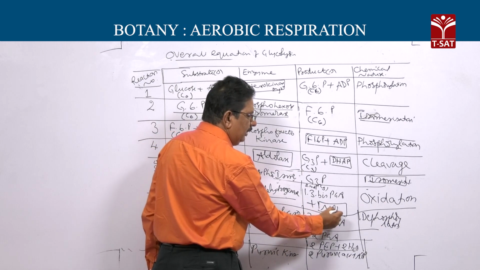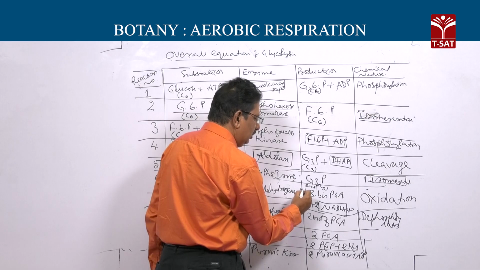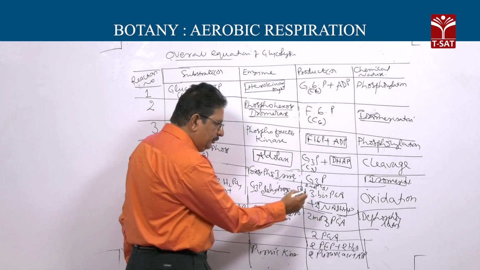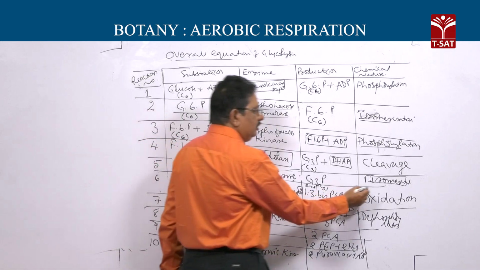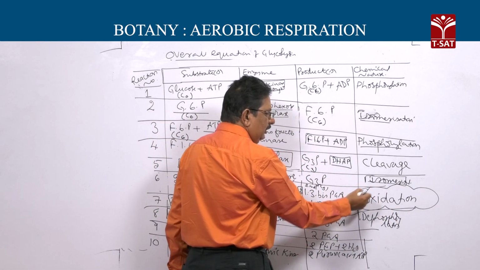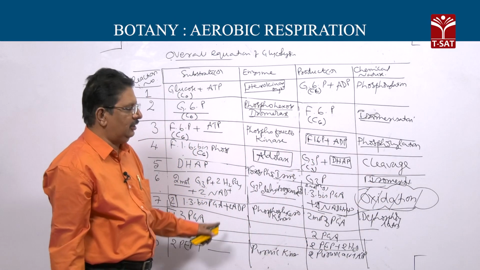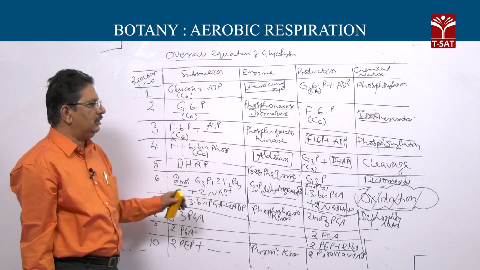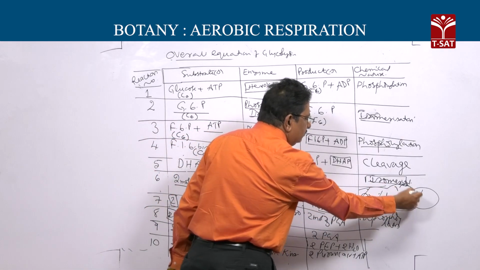So, it forms NADH plus H plus, 2 molecules of 1,3-bisPGA and 2 molecules of NADH. So, this is the most important reaction in this entire EMP oxidation. So, the first oxidation step in aerobic respiration.